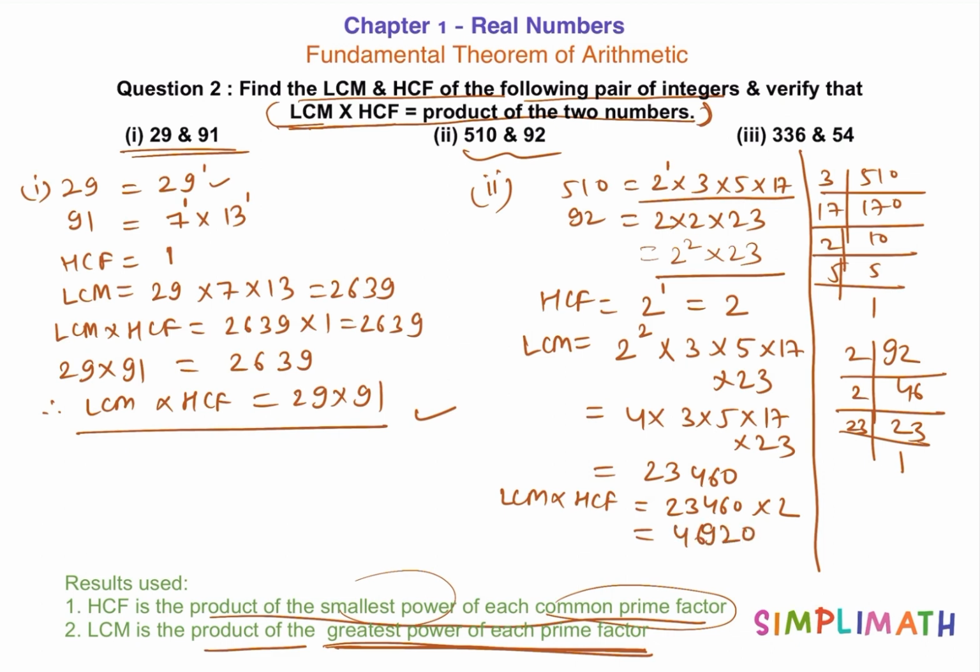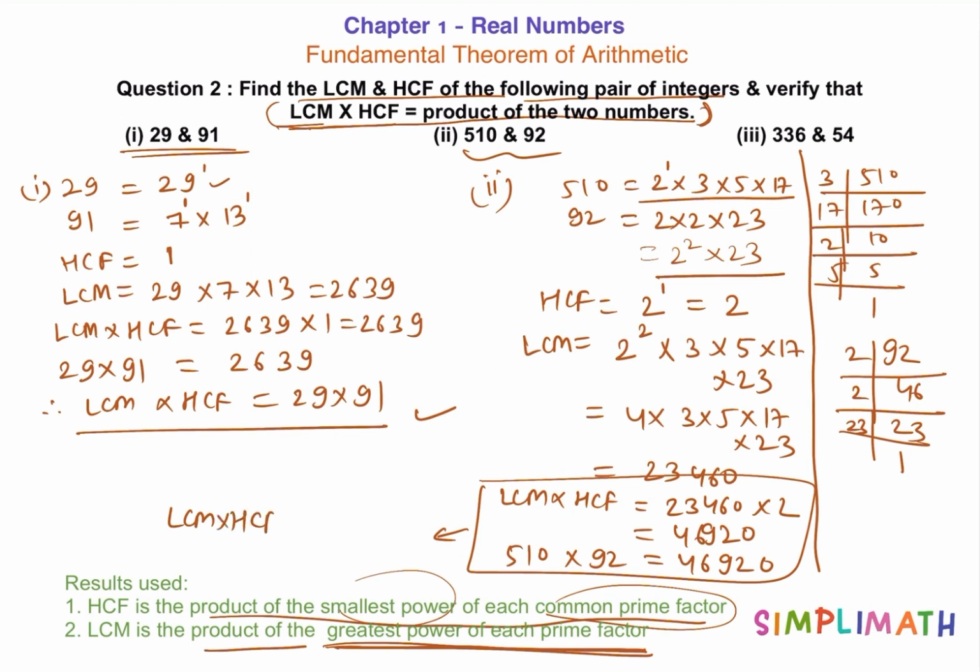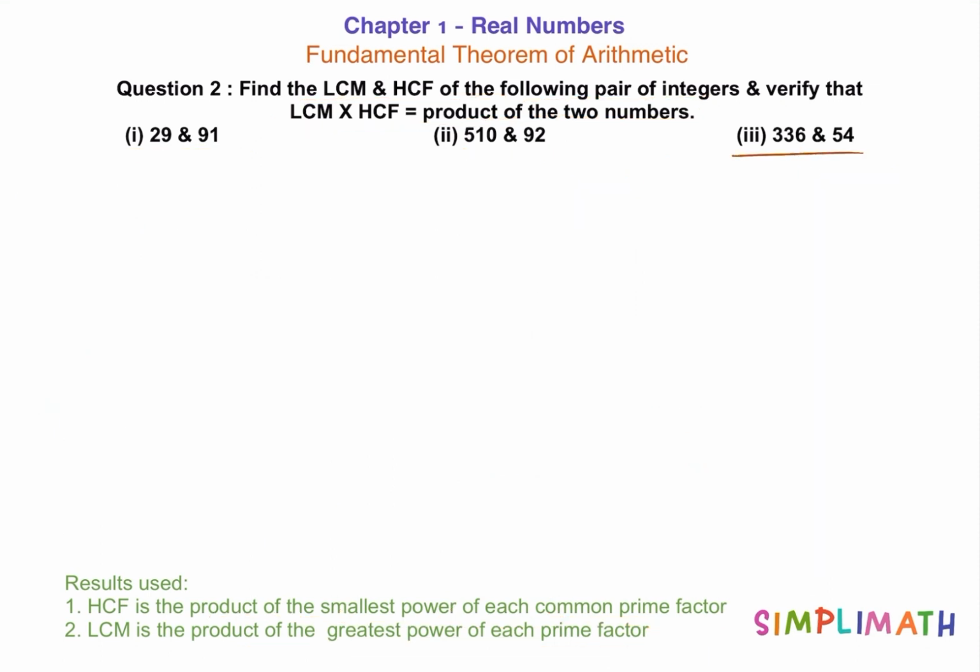And if we multiply the two numbers 510 into 92, we again get the same number. Okay, so from here we can say the LCM into HCF of the two numbers equals 510 into 92. Now let's come to the third part of the question.